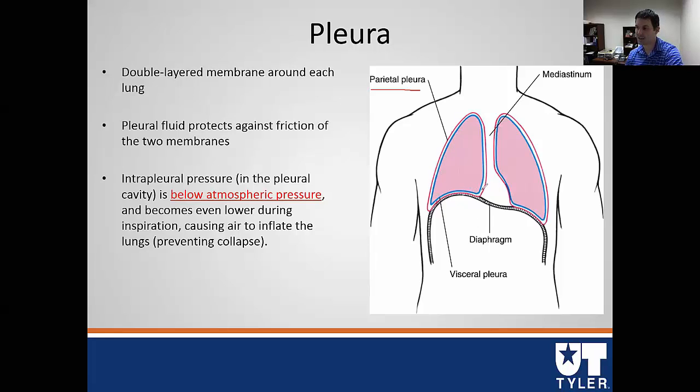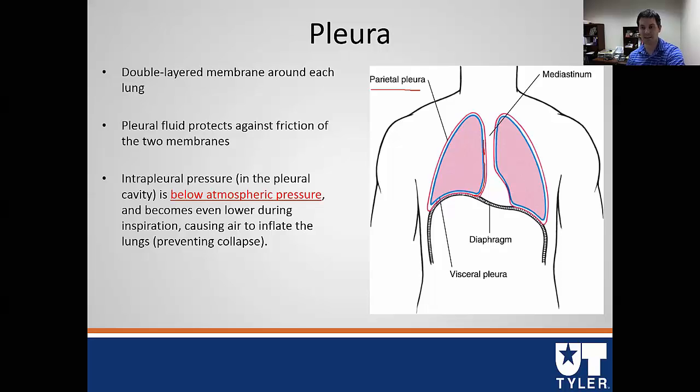So as you can see, these two create what's known as an intrapleural space, seen here in white. The intrapleural space is extremely important for gas exchange because it is below atmospheric pressure and becomes even lower during inspiration. What this does is it allows the pressure on the outside to keep the lungs inflated and prevent the lungs from deflating.